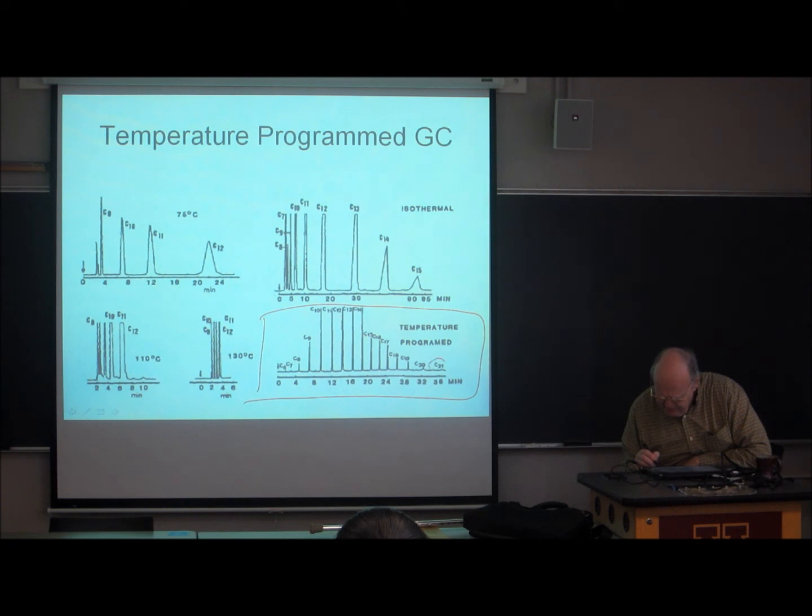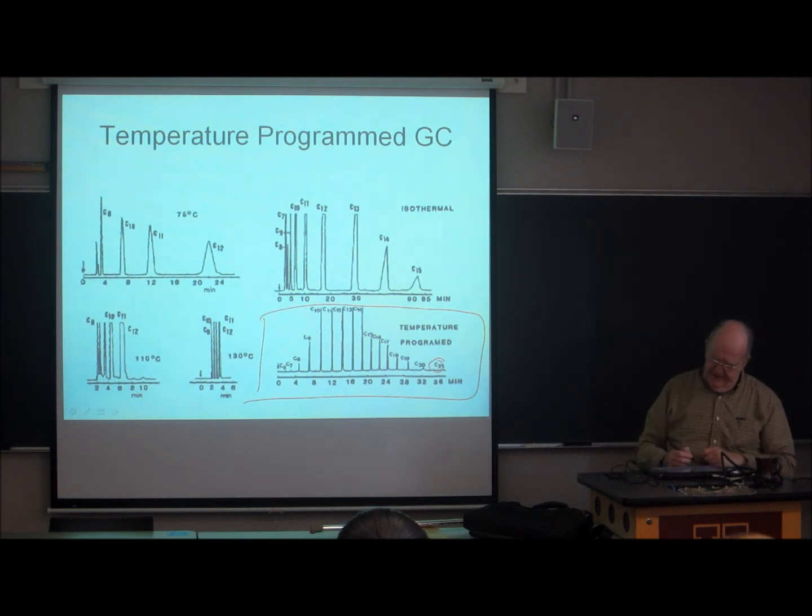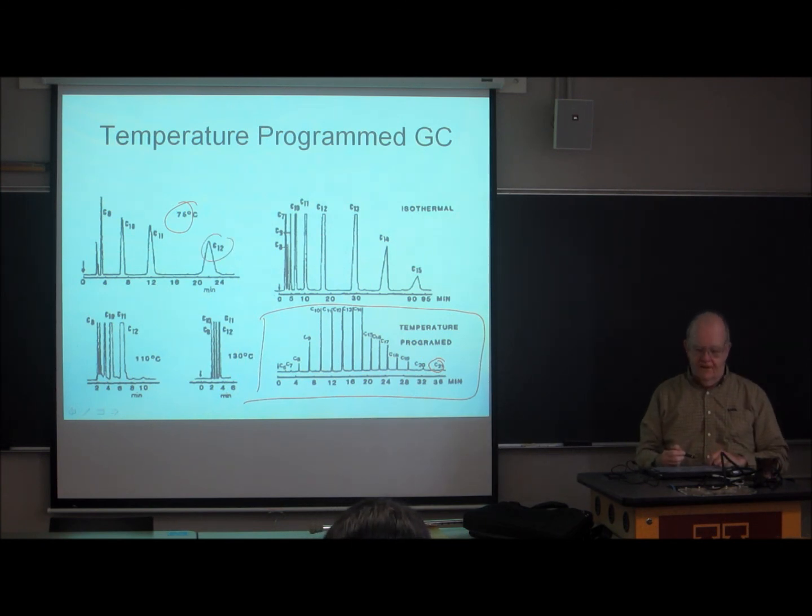And you can see some 21 peaks that are all pretty good peaks. If we start over here at 75 degrees, in 24 minutes, the best we do is see 12 compounds. We see the normal isothermal progression, same amount of sample in each peak. The peak height comes down, peak gets wider.